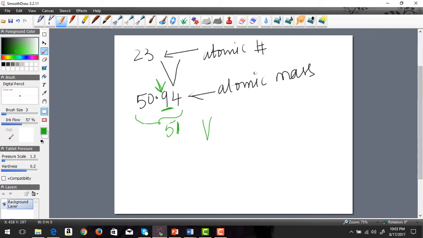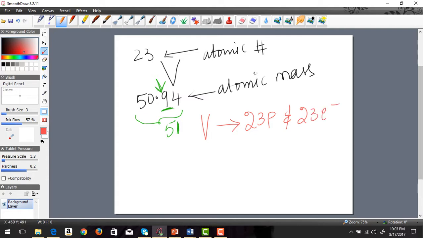Let me erase this because it's still following a green color, and change to a red, something really bright that you can see. So vanadium's atomic number is 23, so it's got 23 protons and 23 electrons, right?